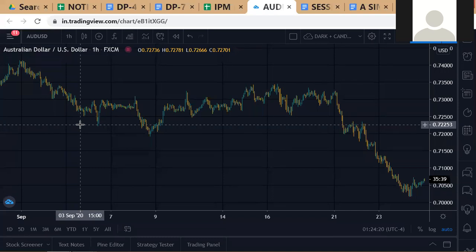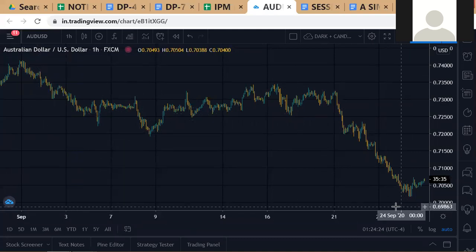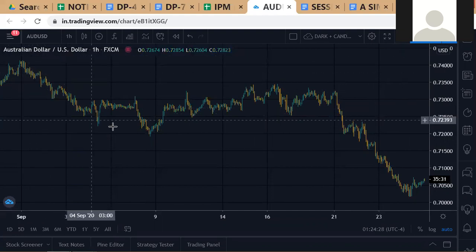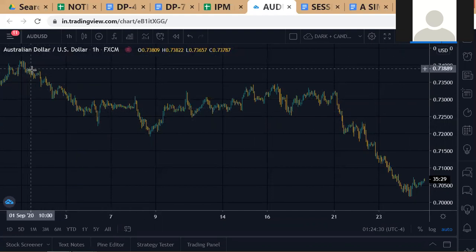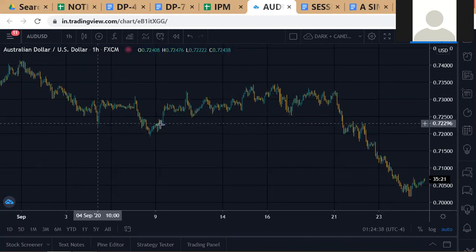So what is happening in this chart, if you can see, as the price is declining, is that at all these points on the chart, it is always the price of 1 Aussie. That part is not changing. 1 Australian dollar. It's always 1 Australian dollar. What is changing as the scale is changing?